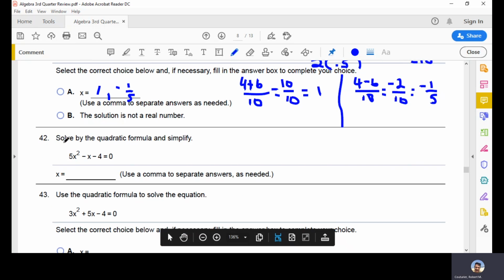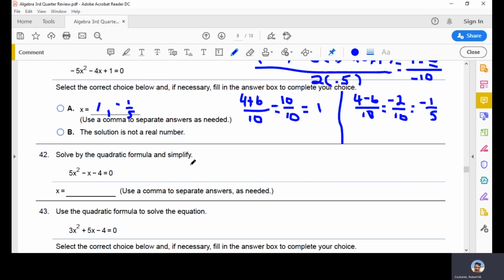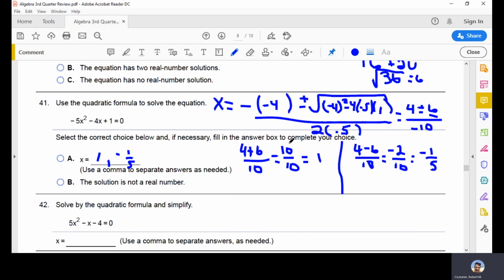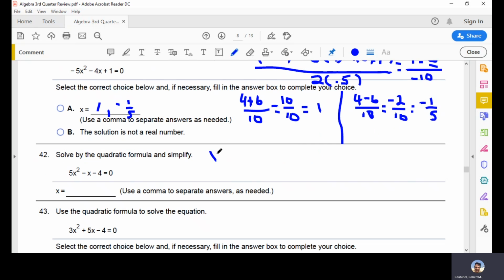42 is a solve by the quadratic formula and simplify. Okay, it's the same thing that we just did here, guys. You need to take the time, go very carefully, write your equation out.